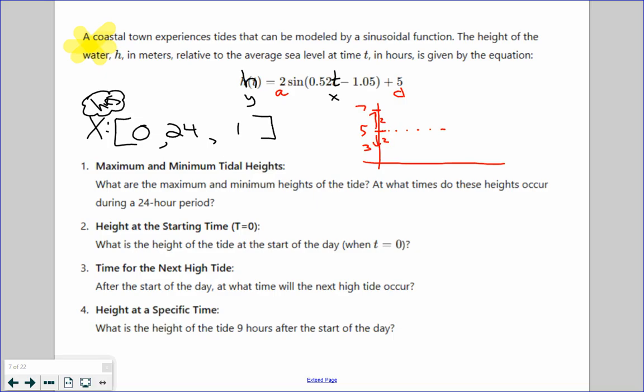So our top should be 7, our bottom should be 3. So that means for our y window settings, 0 to 10 will work great. So trying to get you guys to combine a little bit of theory with the button pushing on the calculator is what you want to be. Okay?